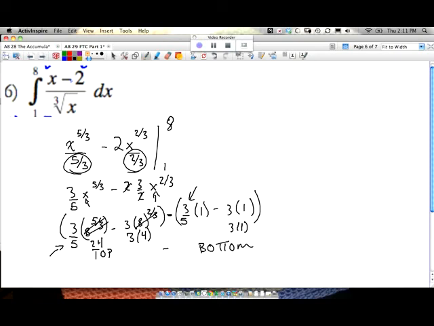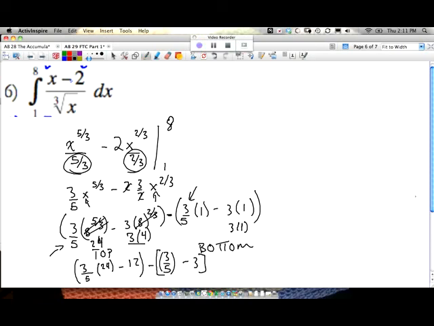So that means that we have 3/5 times 24 minus, now this is a 12, and then over here on the second half we're going to have minus 3/5 minus 3.